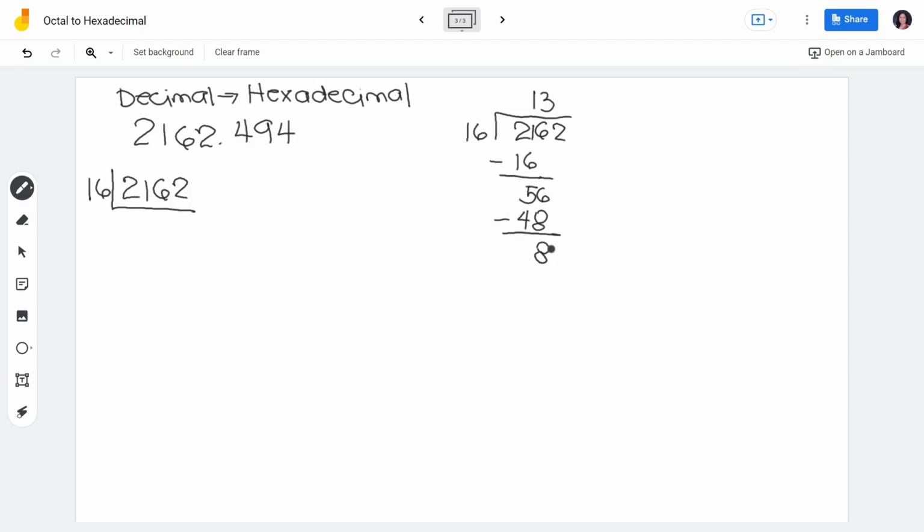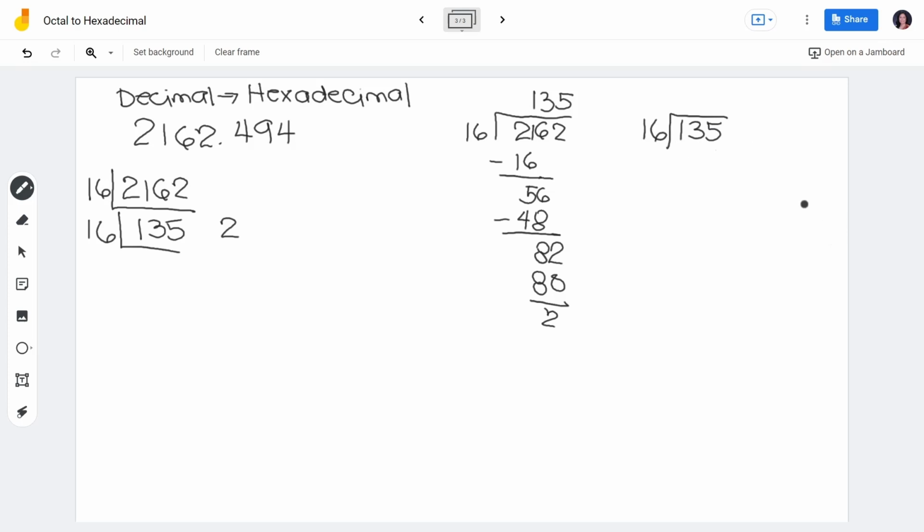Then bring down 2. So 82 divided by 16 is 5. 5 times 16 is 80. So we have 135 remainder 2. Then divided again by 16. So we have 135 divided by 16.